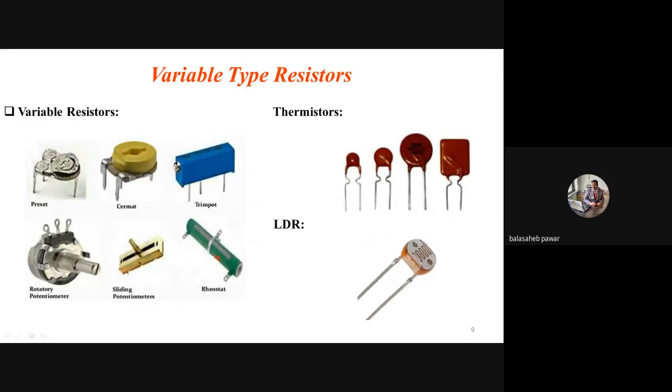Whenever we move it 10 times, the maximum resistance achieved will be 10K across two terminals. The terminals are the same: I measure the middle terminal with respect to any one outer terminal. So when I provide 10 rotations, the measured resistance will be 10K.